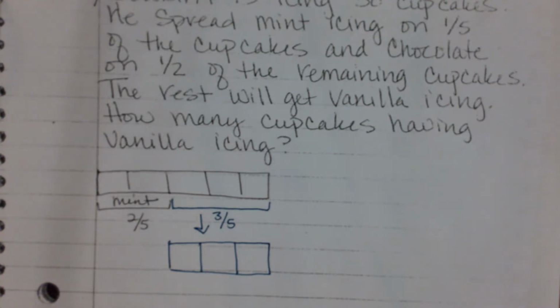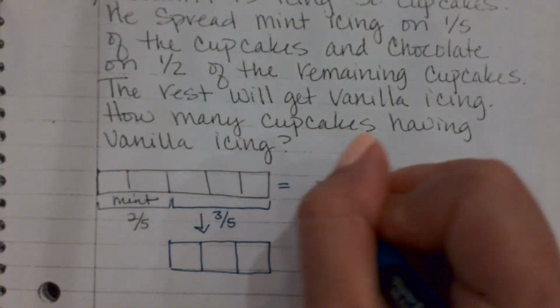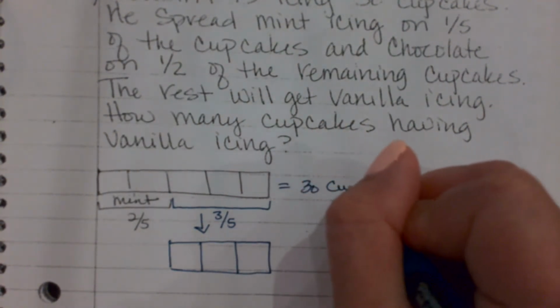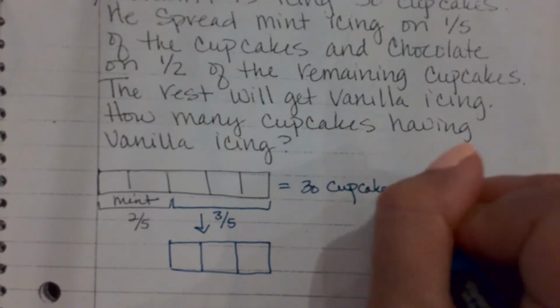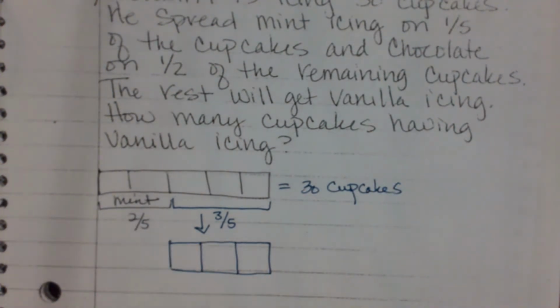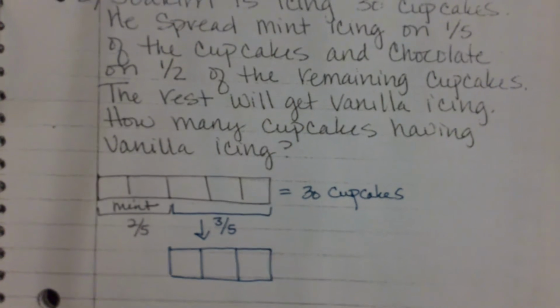So has the value of 1 unit changed in our model? So have I changed any of the values? No, right? The unit is still 6 because the whole is still 30 cupcakes. The only thing we changed was how many got mint, right?